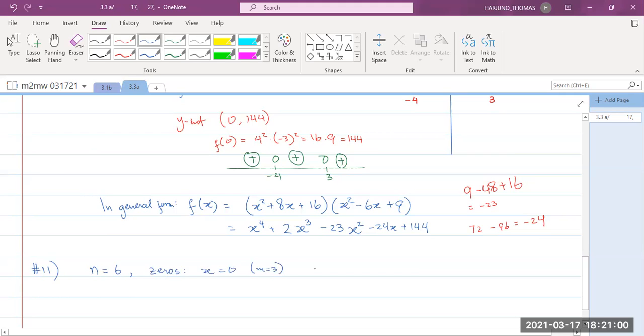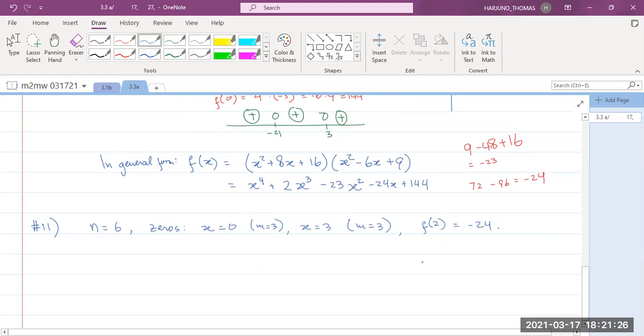And x equals 3 with multiplicity of 3 also. And f(2) equals negative 24. Find the function and sketch that if possible. You may want to do the sine graph first. Let me ask you to do this in maybe 6 or 7 minutes. So 11:28, we come back.